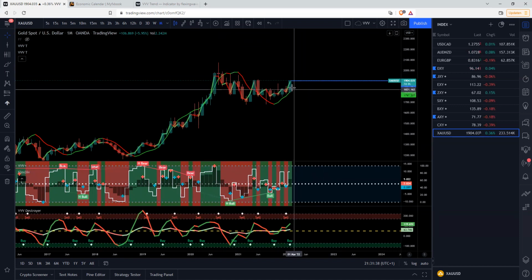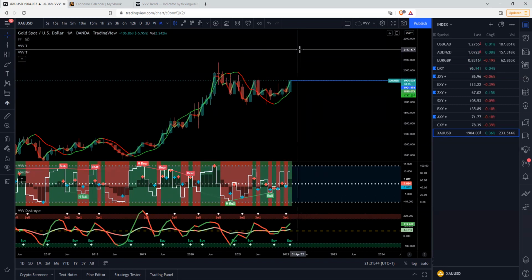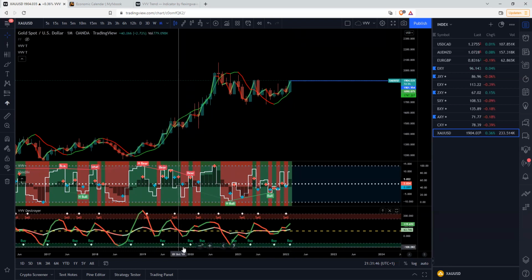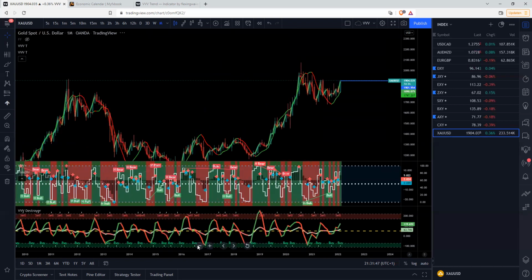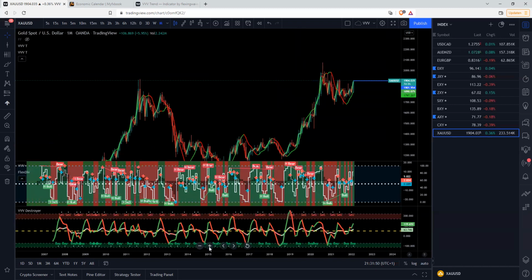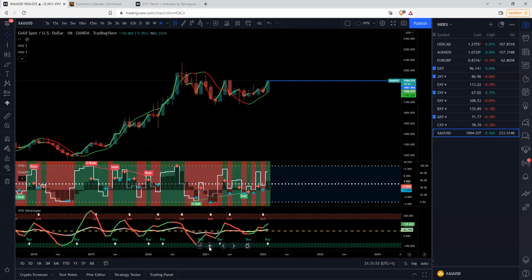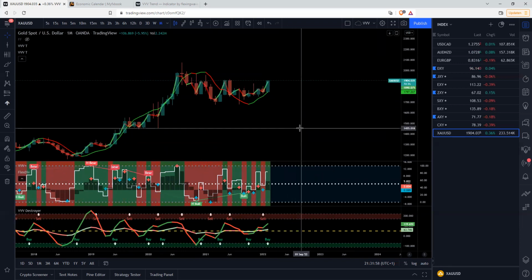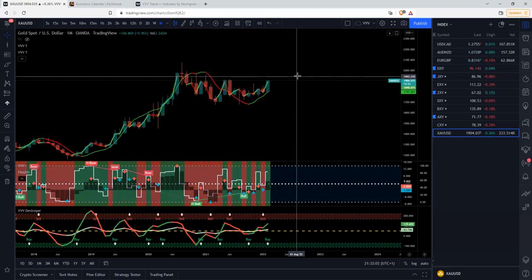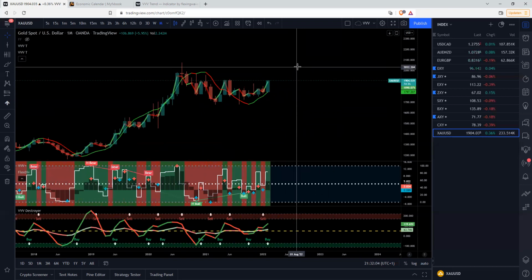And if this rises in the next month, you see this candle here. Yeah, the all-time high. There's no ceiling for the all-time high. They can do whatever they want with the gold price, and that's a little scary. But yeah, looking good, looking good.